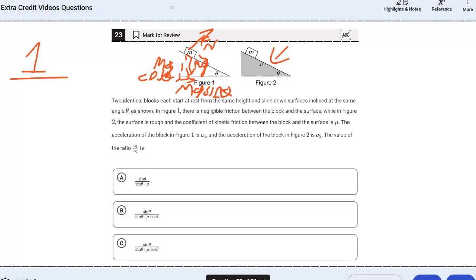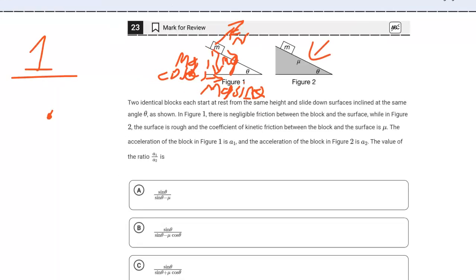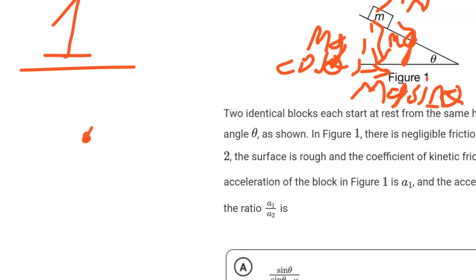FBD, going down we have mg cosine theta, sine theta.